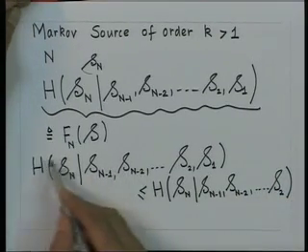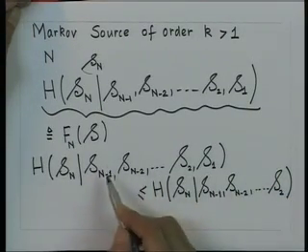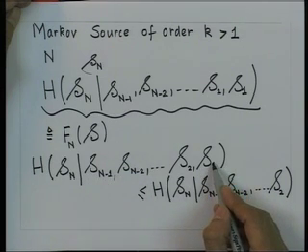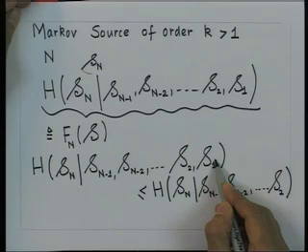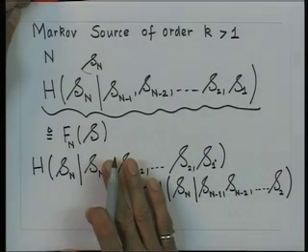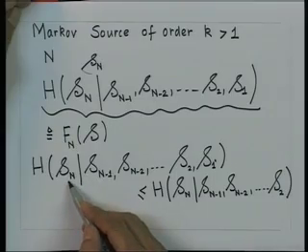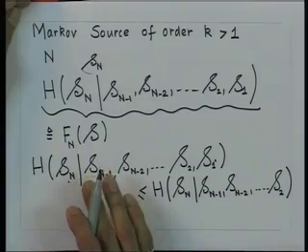What this relationship implies is that the knowledge delivered by the first symbol S1 cannot lead to an increase in the uncertainty about the nth symbol, but it will always decrease or leave it unchanged. So, this is the significance of this expression.